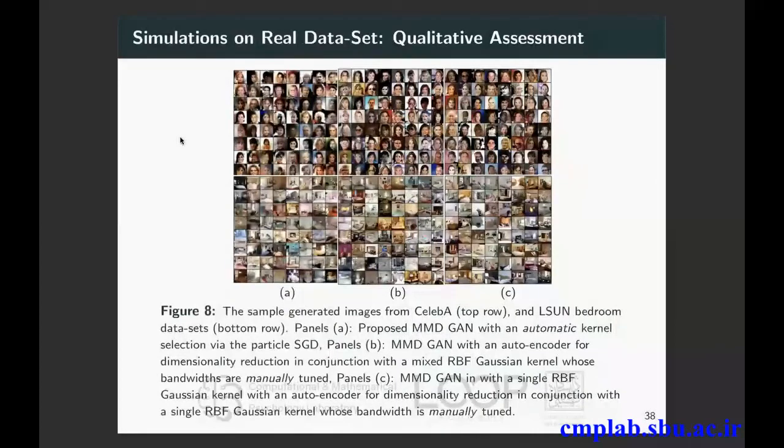I have more figures from different benchmark data sets. So I have the CelebA and LSUN bedroom data sets. Again, visually, it's very hard to distinguish between the results using cross-validation and the kernel learning approach that I mentioned.